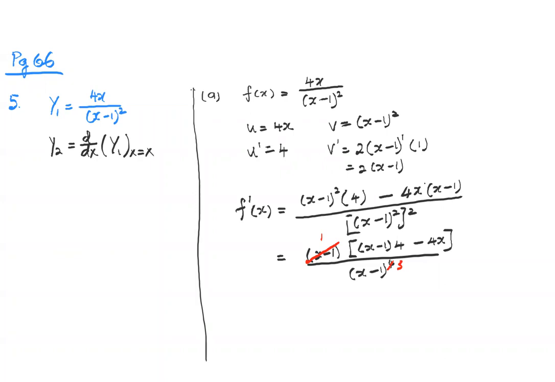Right? Okay, so you get the answer. 4x minus 4 minus 4x. So this one, the 4x cancel. This is 4x minus 4 minus 4x. So if you don't want to rewrite again, you can just write on top like that. So you simplify, you get negative 4.